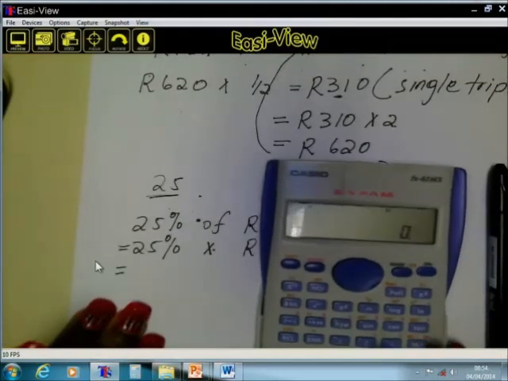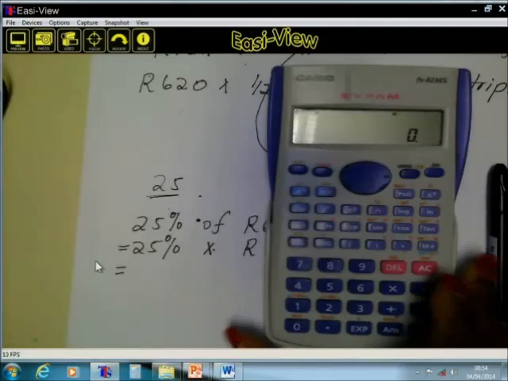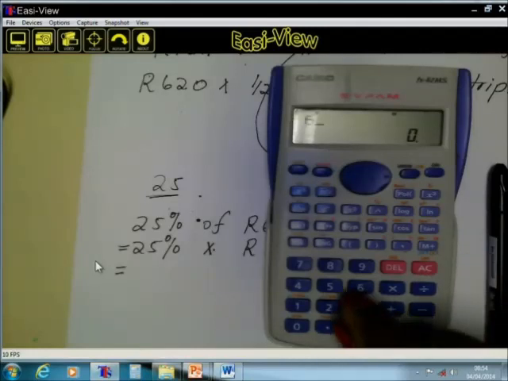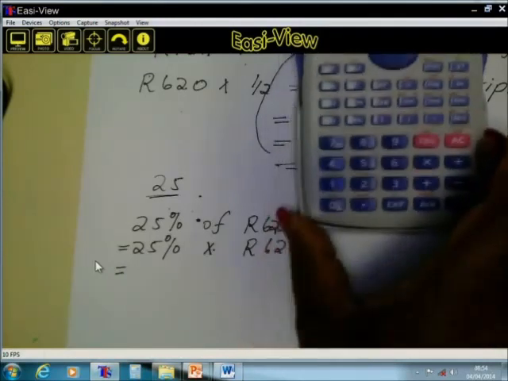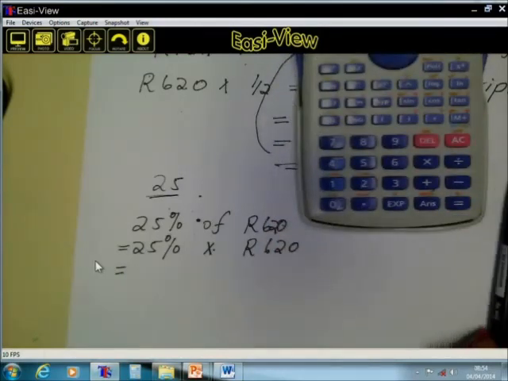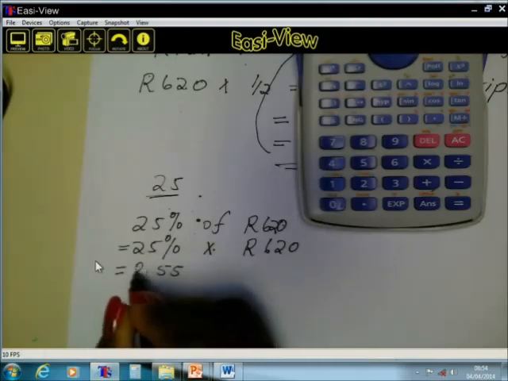Let's look. Never mind the calculator, as long as it gives you the correct answer. 620 multiplied by 25%. It gives us how much? 155 rand.